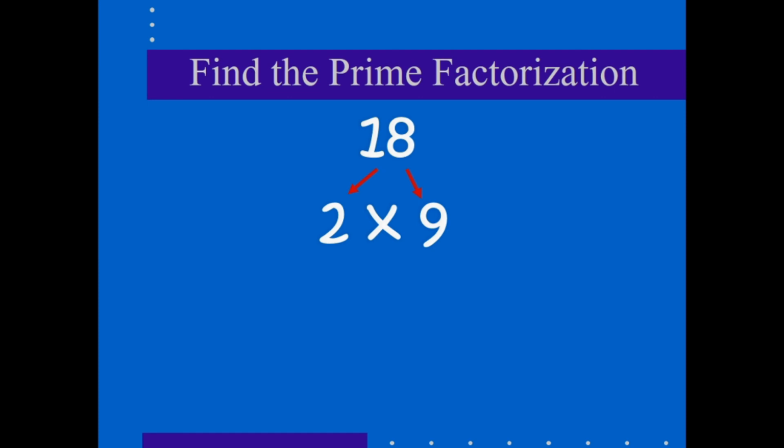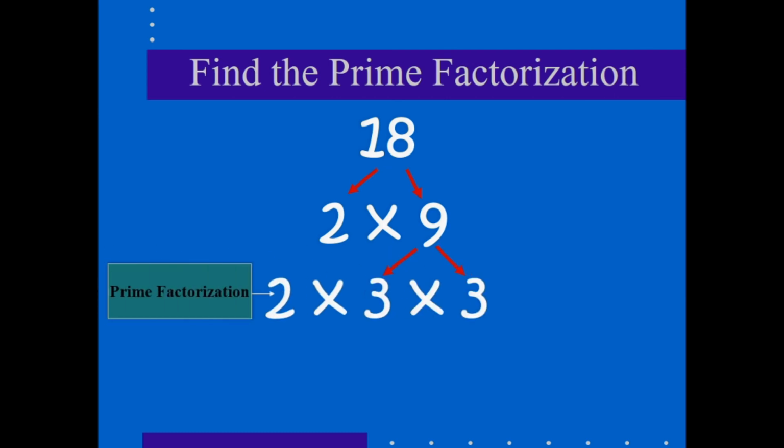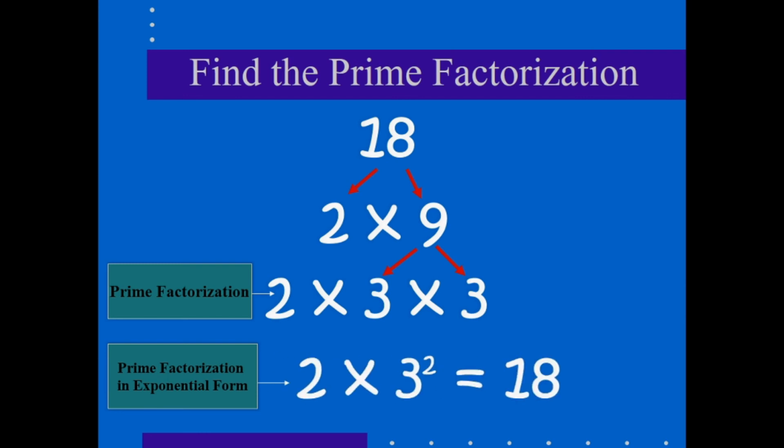Now what number that can be multiplied by 3 and the answer is 9? It's 3. So the prime factorization is 2 times 3 times 3. Or in exponential form, it could be written like this, 2 times 3 squared equals 18.